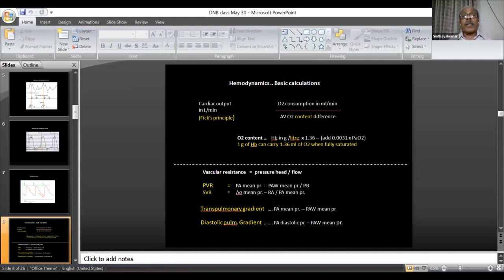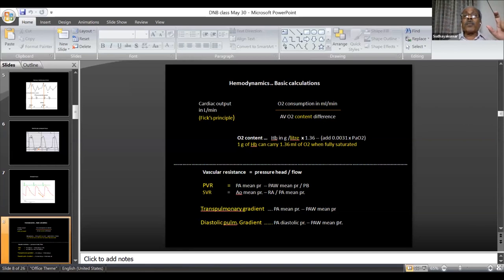The transpulmonary gradient is PA mean minus pulmonary artery wedge mean. Diastolic gradient is diastolic PA pressure minus PA wedge mean pressure. I will give you an example and come to that. Then we talk about the resistance and the resistance index.